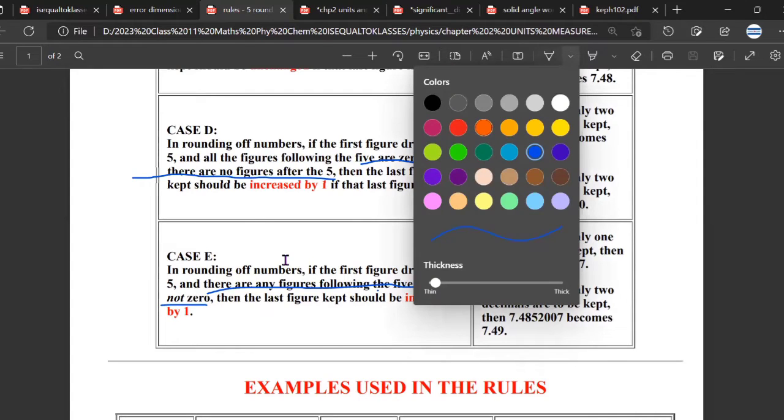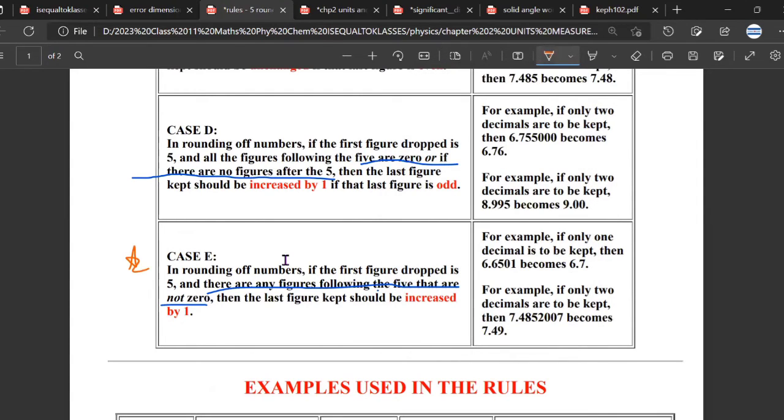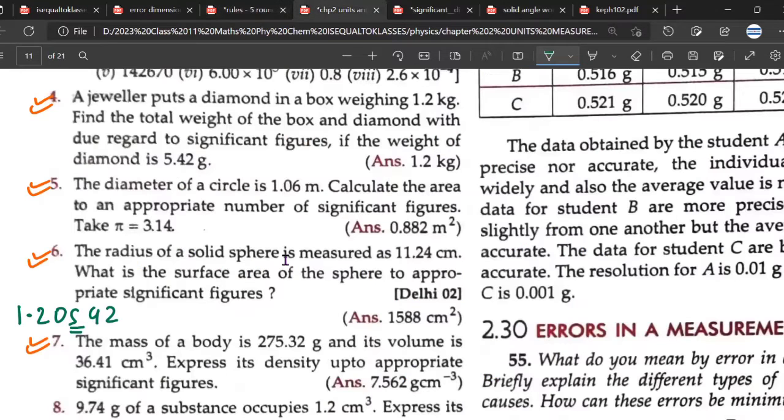The rule says, in rounding off numbers, if the first digit dropped is 5 and there are any figures following the 5 which are not 0, then the last figure kept should be increased by 1. So what this means is that there are digits following 5 and I want to drop 5, so this number would have to be increased by 1. Is it making sense?